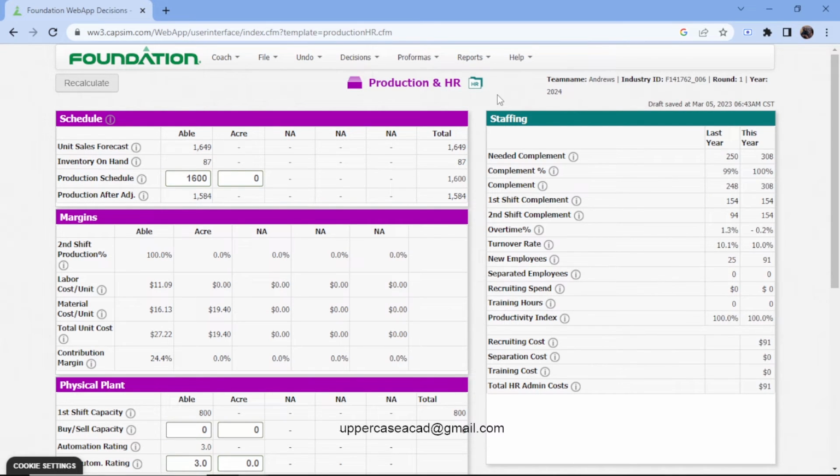Meaning if I sell 1,649 or more, I might still have some 1 or 2 units left, because I don't want to stock out.